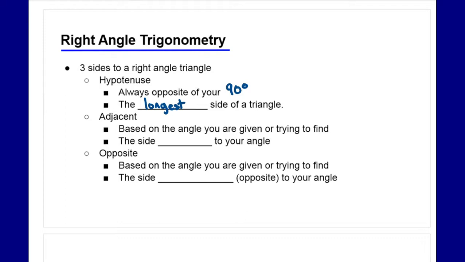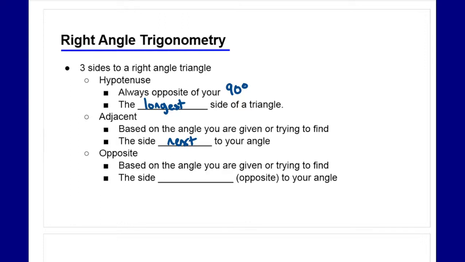Sometimes, depending on how the triangle is drawn, that may not be easily seen. That's why using across or opposite of the 90 degrees is always a key way of determining the hypotenuse. The adjacent is based on the angle that you're given or trying to find, and it is the side next to or beside your angle.